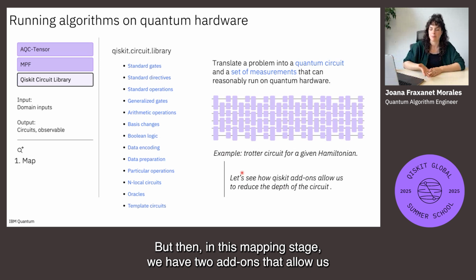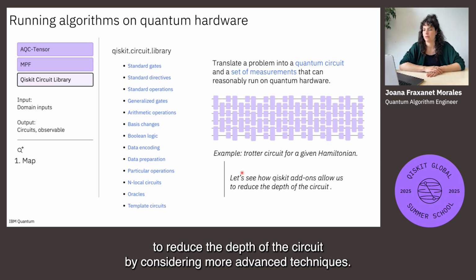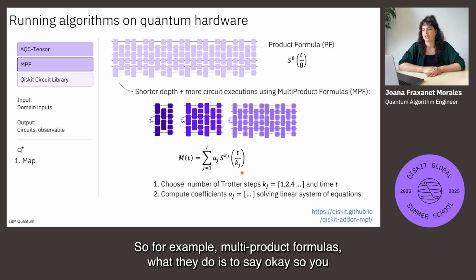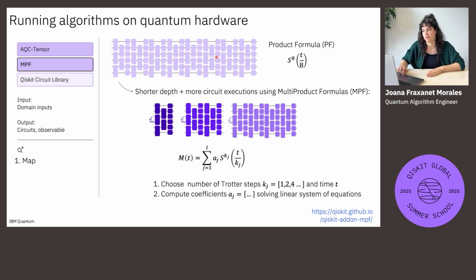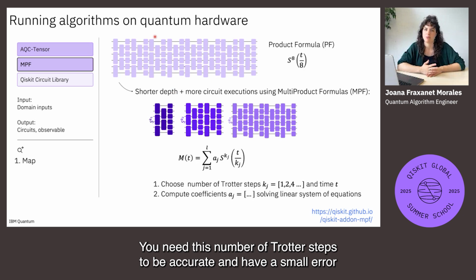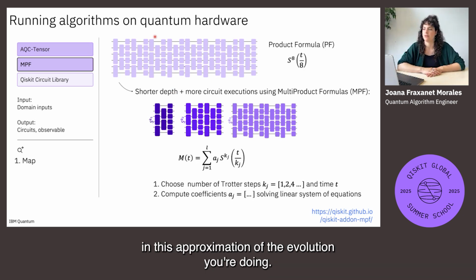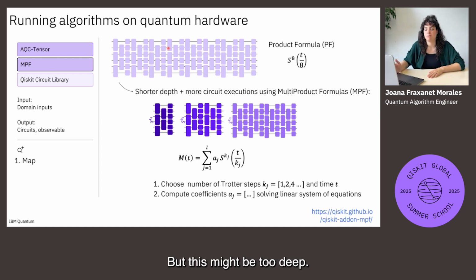But then in this mapping stage, we have two Qiskit add-ons that allow us to reduce the depth of this circuit by considering more advanced techniques. So, for example, multi-product formulas, what they do is to say, okay, so you have your trotter circuit with a number of trotter steps. You need this number of trotter steps to be accurate and have a small error in this approximation of the evolution you're doing. But this might be too deep.